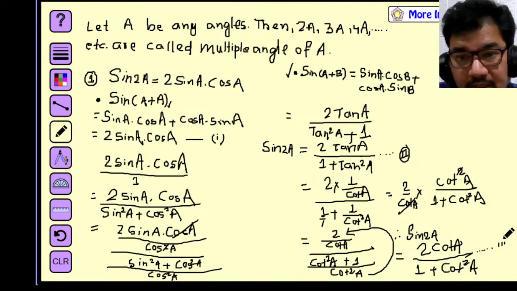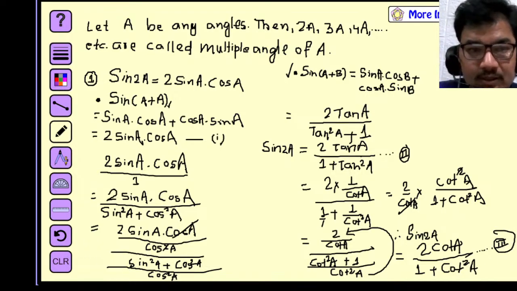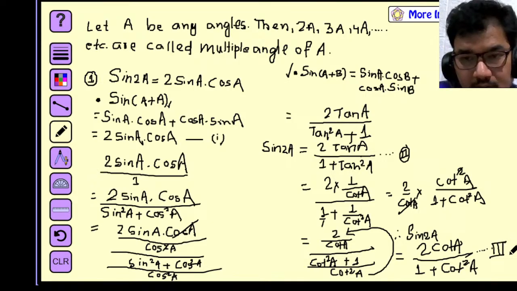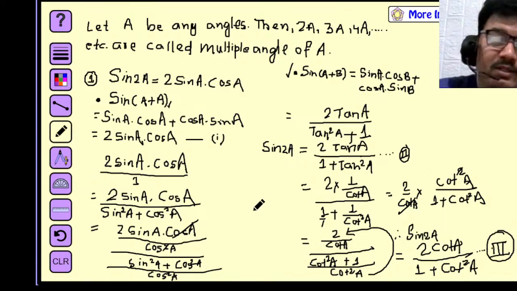Third formula also you can tell. This is our third formula of multiple angles of trigonometric ratios.